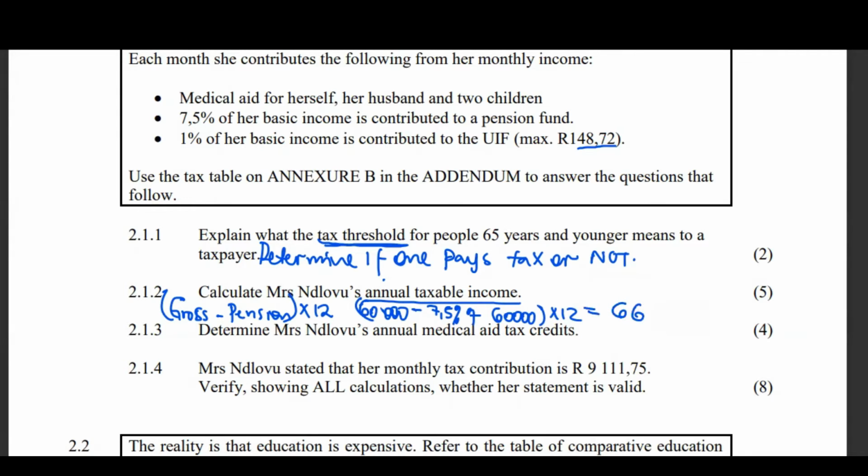You end up having 666,000. So this is the taxable income.